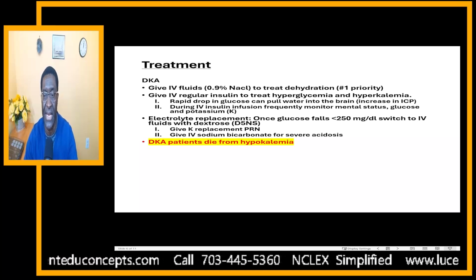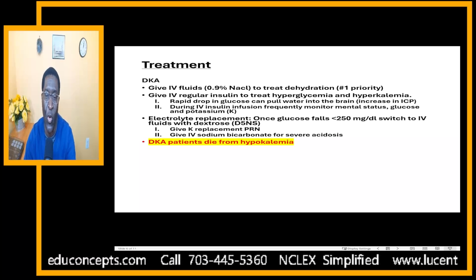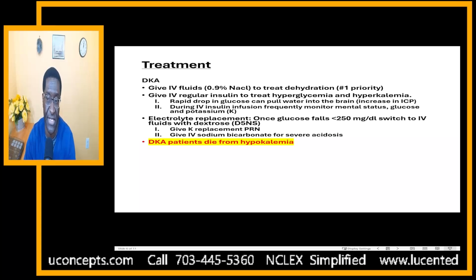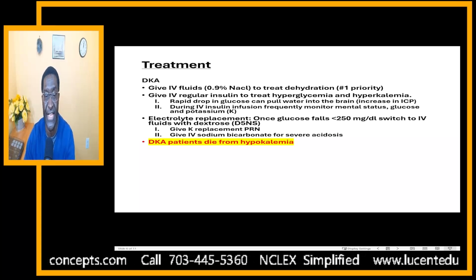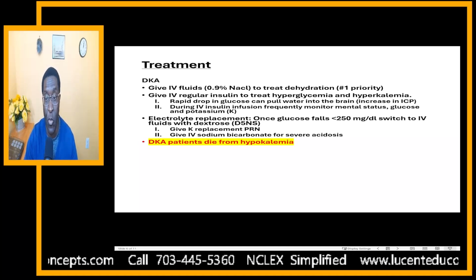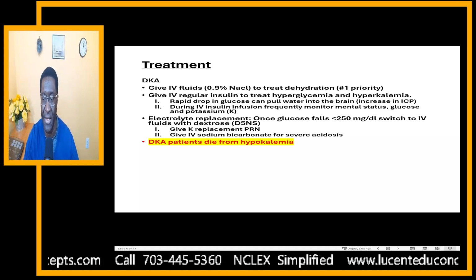Sometimes when that happens, because I said earlier, keep in mind glucose is considered a hypertonic substance, and therefore it tends to pull fluids out of the cell. For example, think about it in terms of your brain.